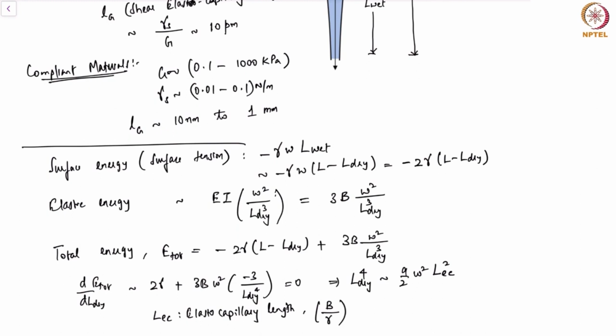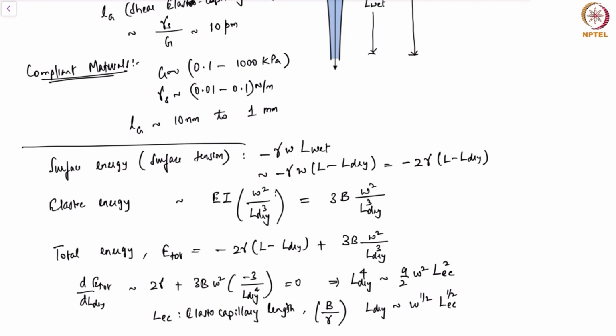So I simply have L dry goes like W power half L_EC power half. And it's important to note that this dry portion of the liquid basically goes like the L_EC power half, so surface tension is in the denominator.